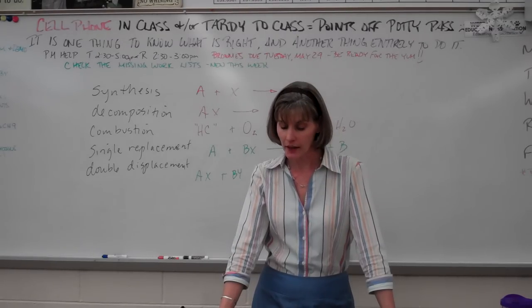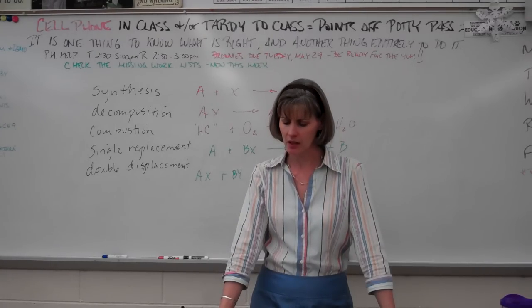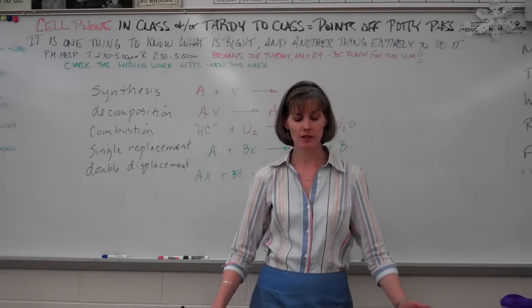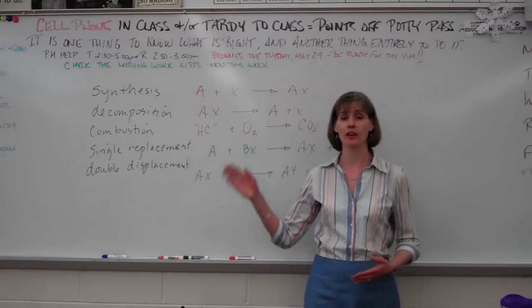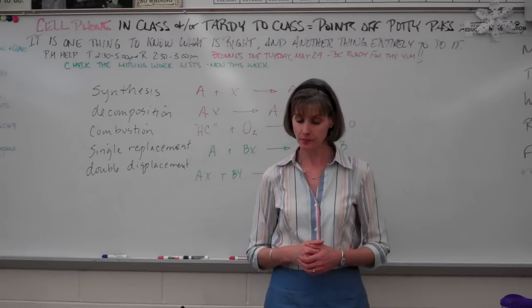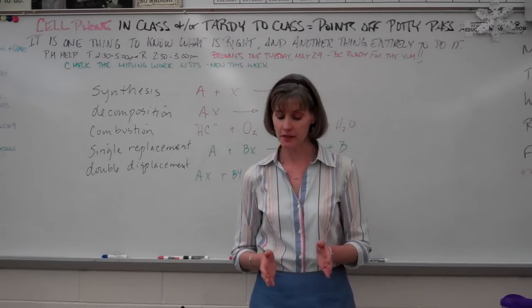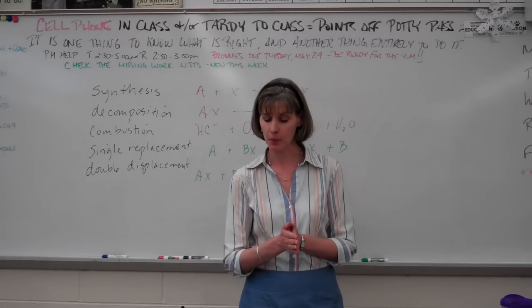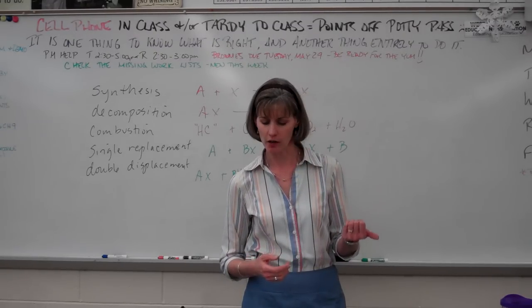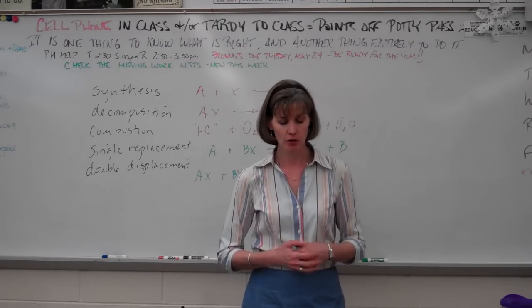Number 10, what happens in each main type of chemical reaction? So we're going to be asking you about several different types for a few questions in a row here. Number 11, test hint says how to identify the type when given a balanced chemical equation. And it's that same thing for 12 and 13.